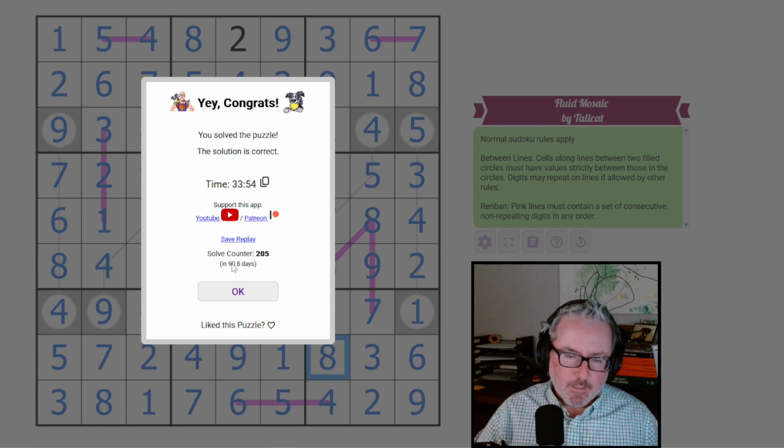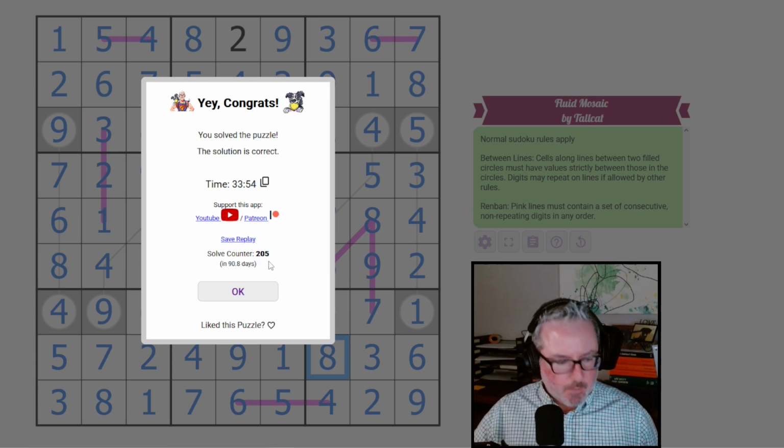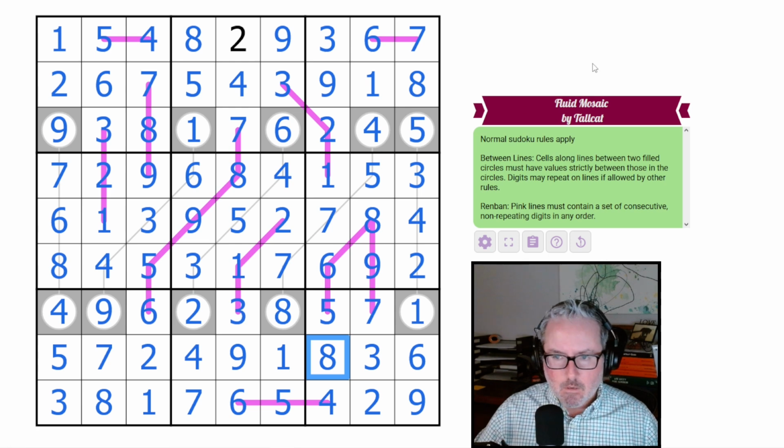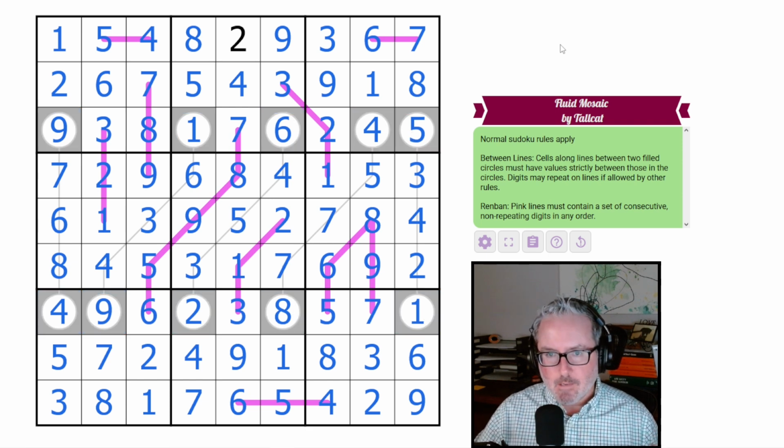205 solves. It hasn't been out in public in 90 days. I think this was just posted like yesterday or today. So excellent puzzle. It really did take me a while to get my brain to get into how these things interacted with each other.